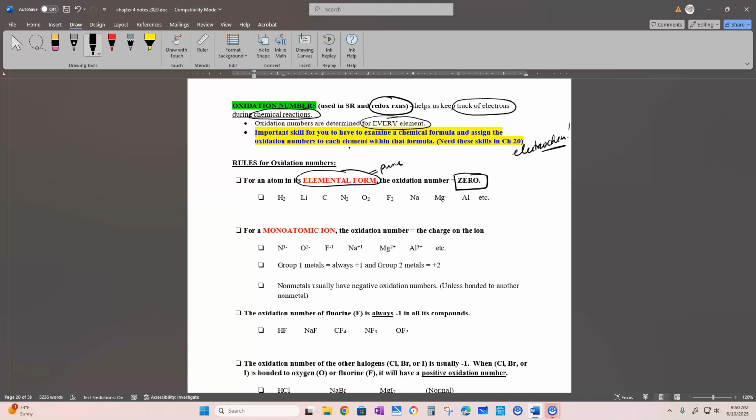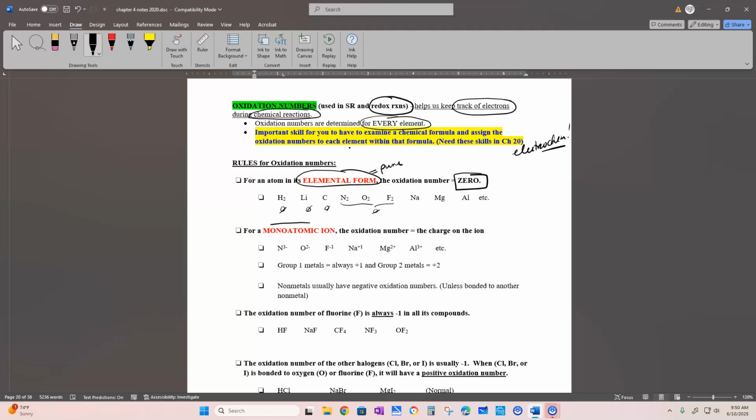I say diatomic hydrogen because hydrogen exists naturally as H2, and it has an oxidation number of 0. Pure elements, all 0. Other diatomics, still 0. So basically the element sitting by itself is 0.